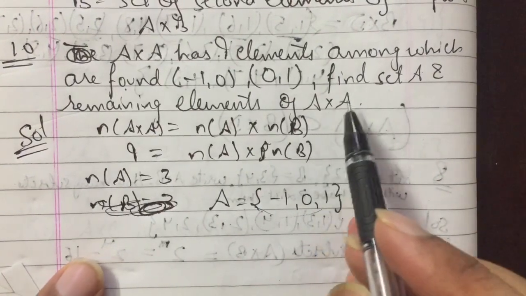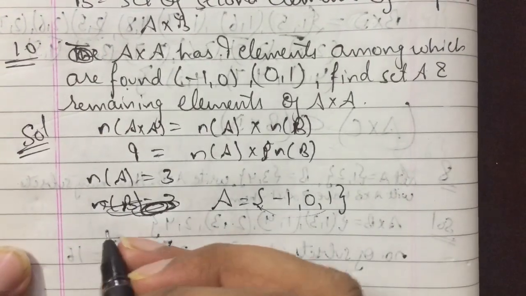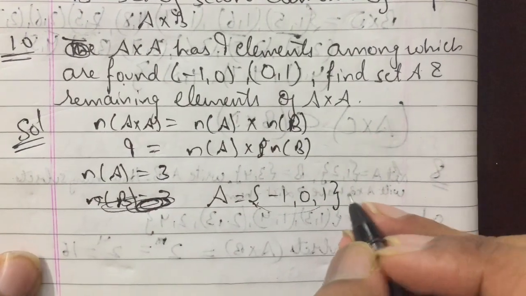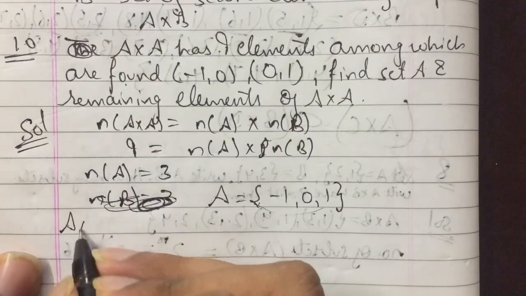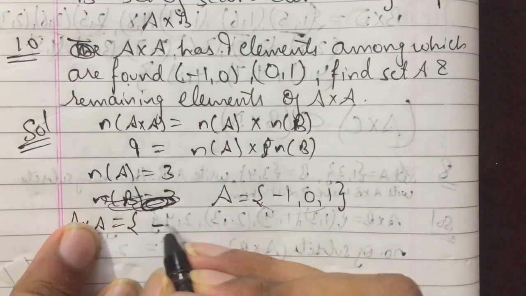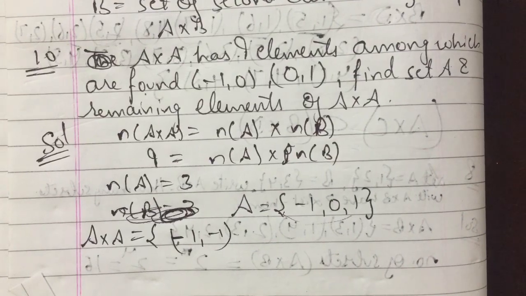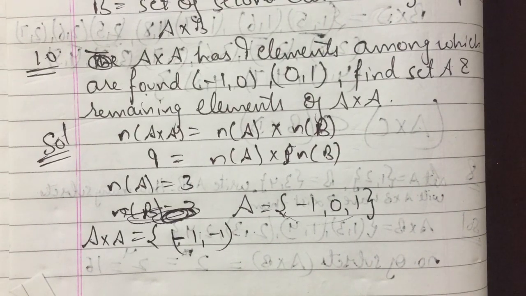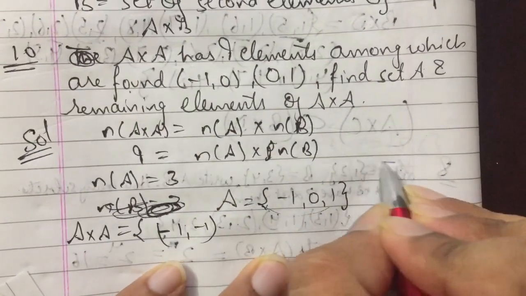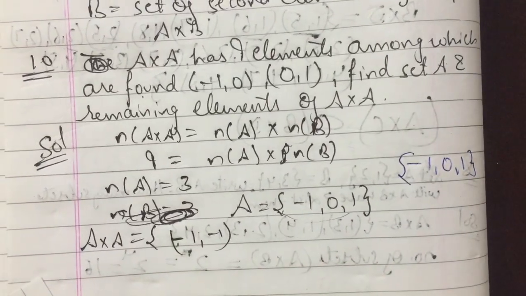Now we have found set A. Now the remaining elements of A cross A. A cross A means it will have 9 elements, so let's do it. Just for your convenience, write down set A again in rough: -1, 0, 1, and later on we'll cut it.